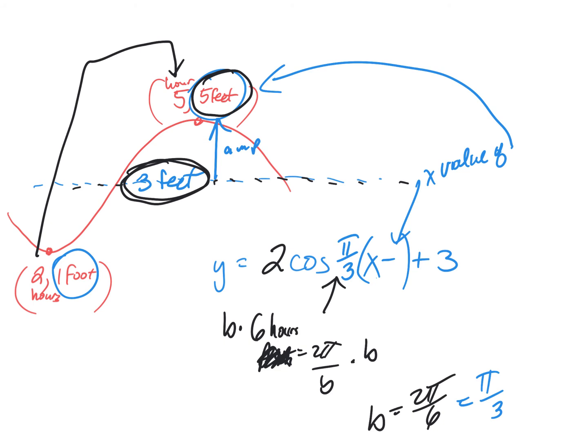The x and the y are both 5, so it doesn't really matter. But the x value is the 5th hour. X is time, and the time is 5, so it's a 5. Final answer: y equals 2 cosine of pi over 3 times (x minus 5), and then plus 3. That is not super easy, but that is very typical of today's homework.